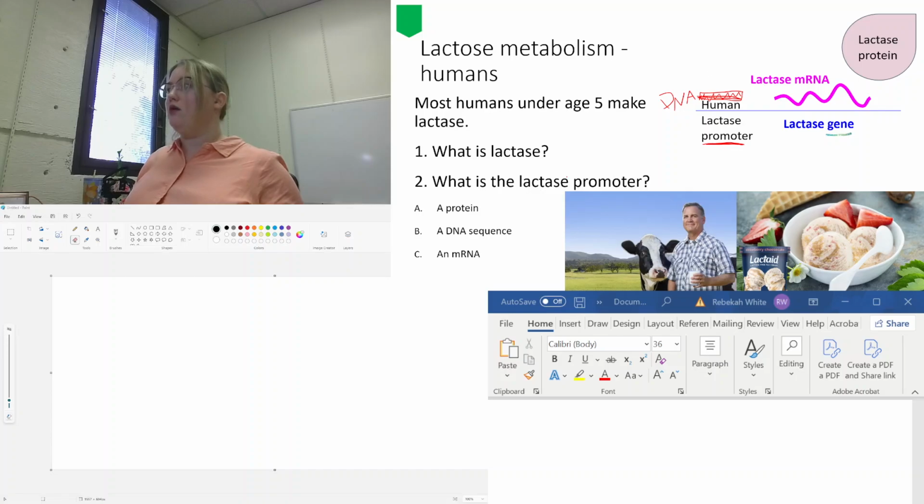The promoter is where our RNA polymerase, which is also a protein, can bind. It can then transcribe our gene. Remember, when we are transcribing, we are reading the gene and making an RNA copy.